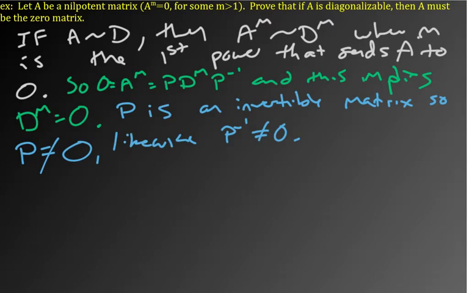But if you think about a diagonal matrix, note D to the m equals 0 implies that D equals 0, right?